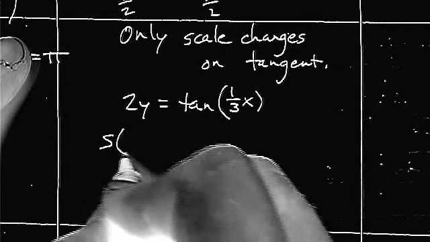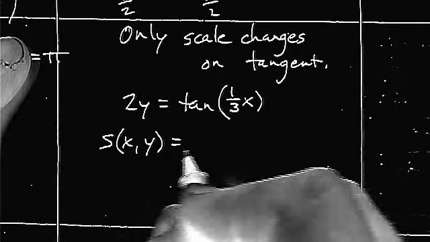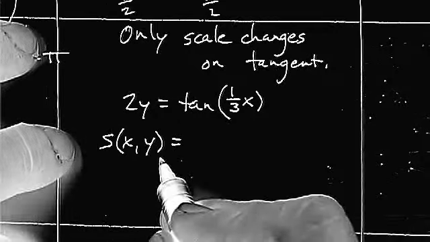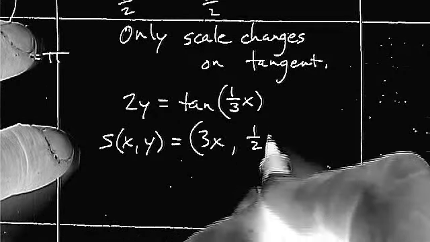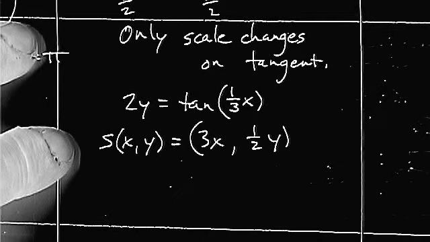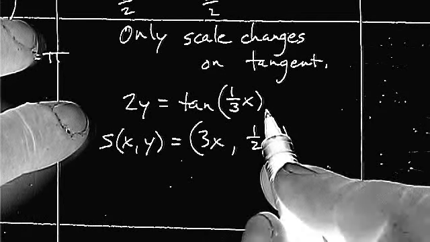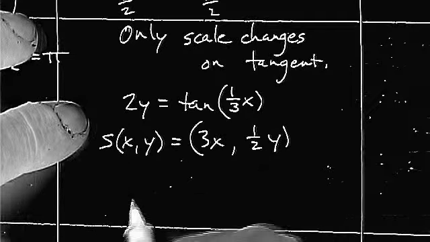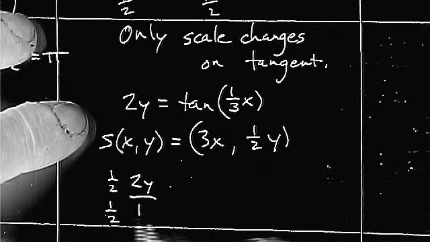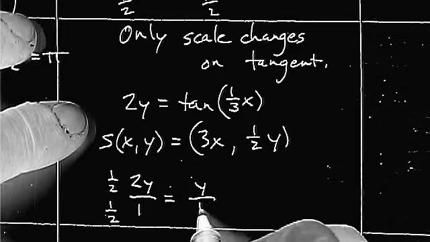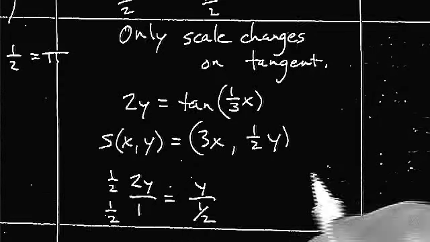Let's think about what happened. You can either think in terms of the scale change rule, which would be 3x and 1/2 y, or you can get it in the form we need. That 2y is over 1, and if we multiply the top and the bottom by 1/2, we get y over 1/2 on the left side.